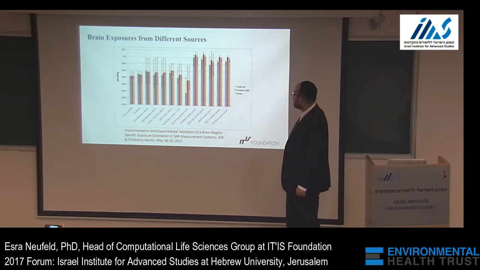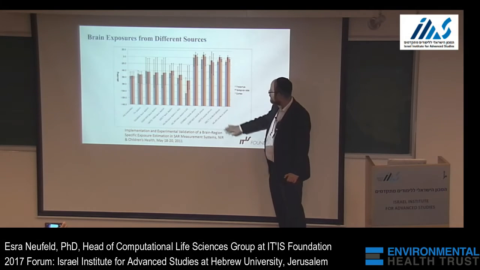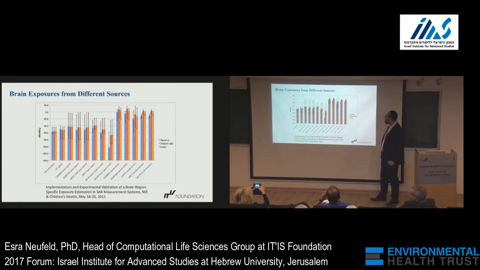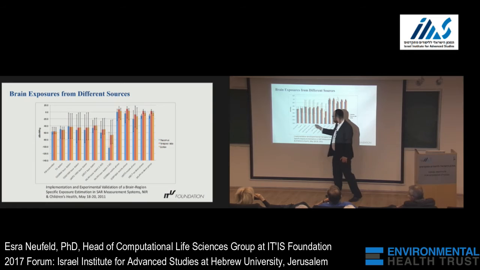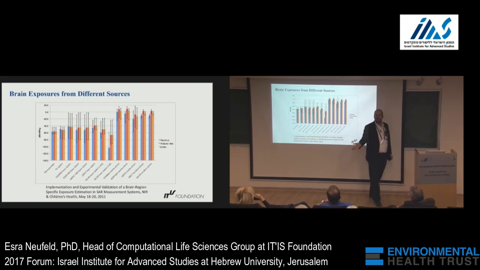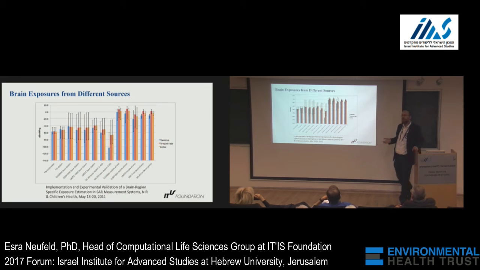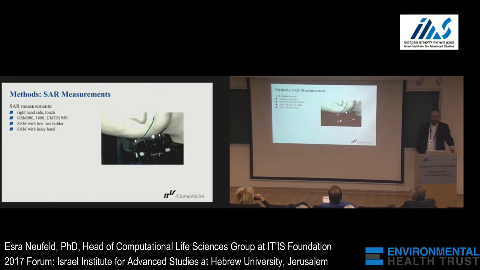We will later on see that things like wireless cordless phones and DECT cordless phones are in similar magnitude. What you also see is that base stations and so on, they are typically much lower, but what you also see is that newer and cleverer technologies have a higher variability, because they are more capable of reacting to the current needs and requirements.